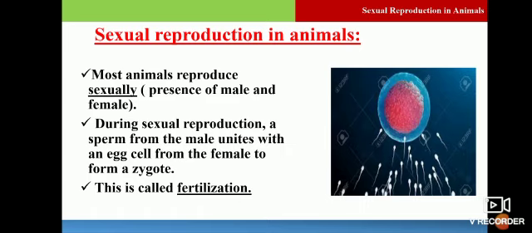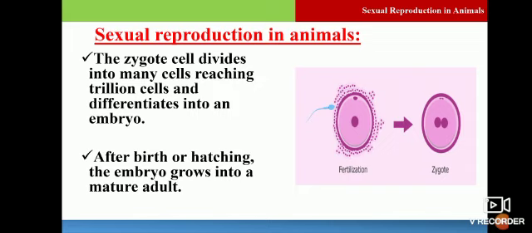These cells, or gametes, will combine together in fertilization to produce the zygote. The zygote is the first cell of you. The zygote cell will divide into many cells, reaching a trillion cells, and differentiate into an embryo.